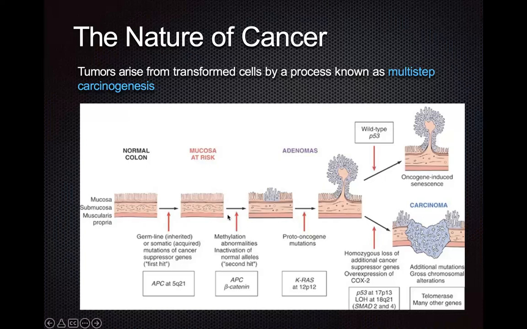Moreover, methylation abnormalities and inactivation of the normal allele also occur. We call this the second hit. What happens in the second hit?